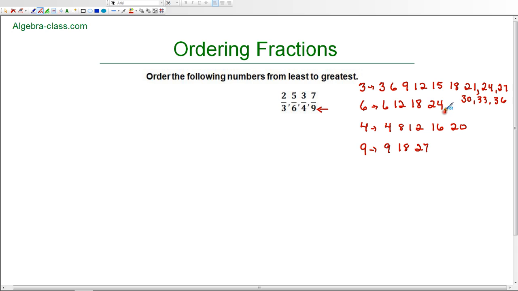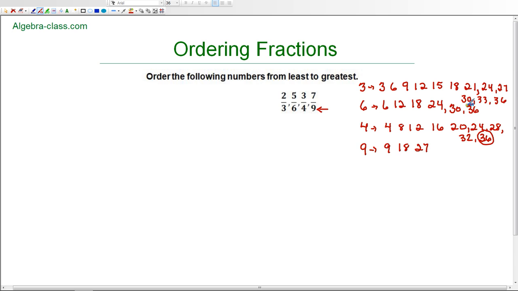Let's see if I can stop there. For 6, this was 6 times 4, so 6 times 5 is 30, and then 36. That's a good sign. For 4 we have 20, 24, 28, 32, and 36.